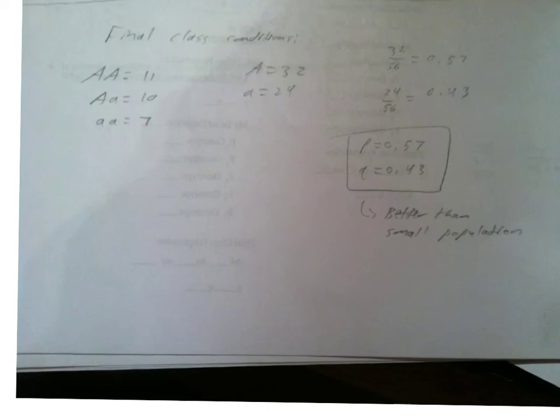So everyone started with big A and little a. Our starting frequencies were 0.5 and 0.5, and they came up to be 0.57 and 0.43, which was better than the small population, I believe.